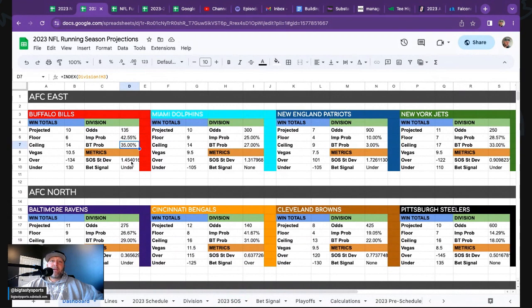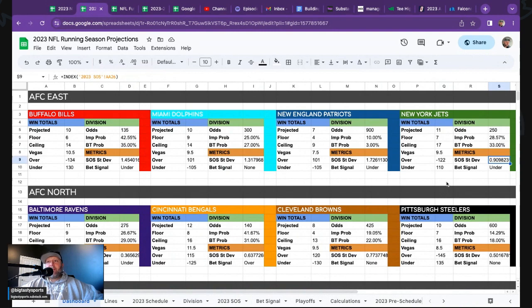And here's how you can use this in a lot of ways. But let me just click through the AFC East quick. So the Bills, 1.45. That's pretty high. Over 1 means a tough schedule. Miami, 1.317. New England, 1.72. Talked about them having the toughest schedule. And then the Jets, 0.9.